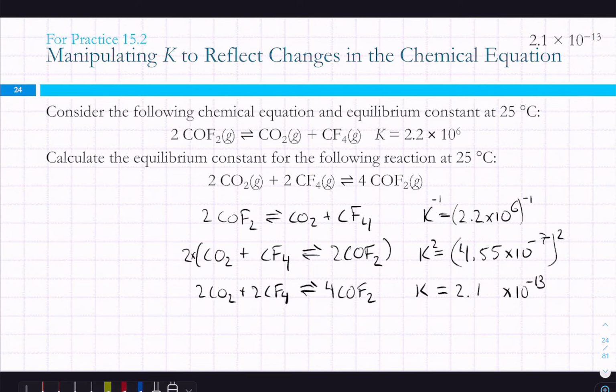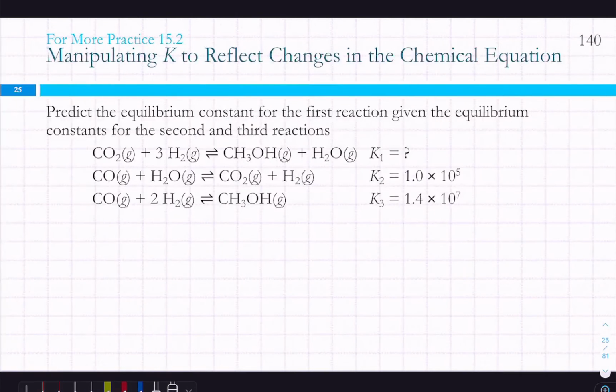Good on the slide now? Okay, so like I mentioned earlier, we can manipulate equations that we know K for. Oh boy, everybody's phone's about to go off. It's an Amber Alert.